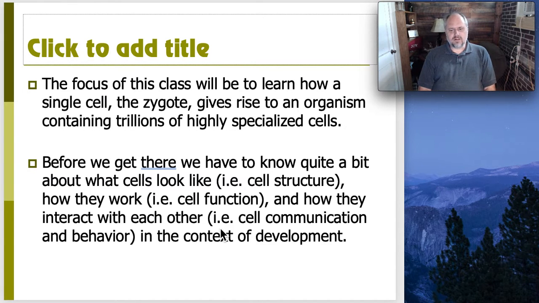So that's one big question we're going to answer. How do cells that have exactly the same genetics in them give rise to completely different phenotypes, even in the same organism?